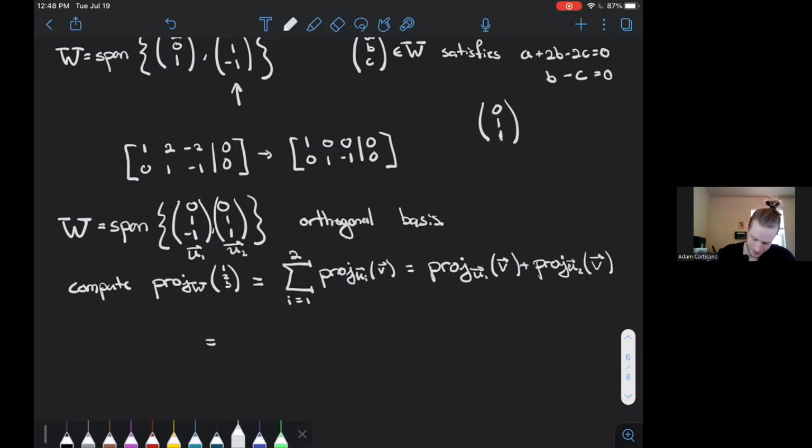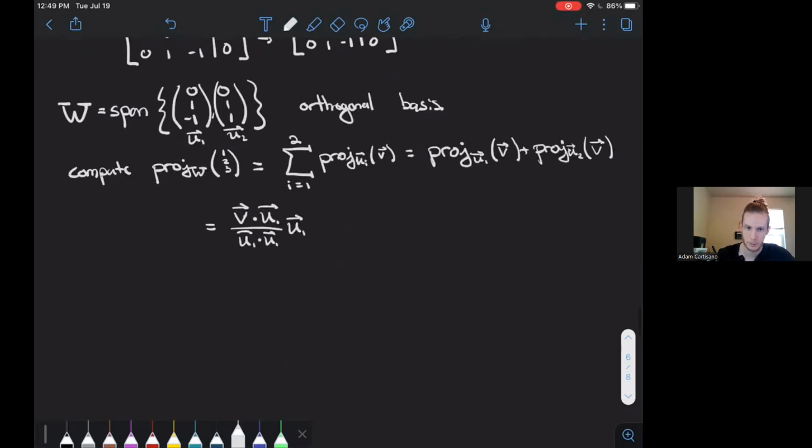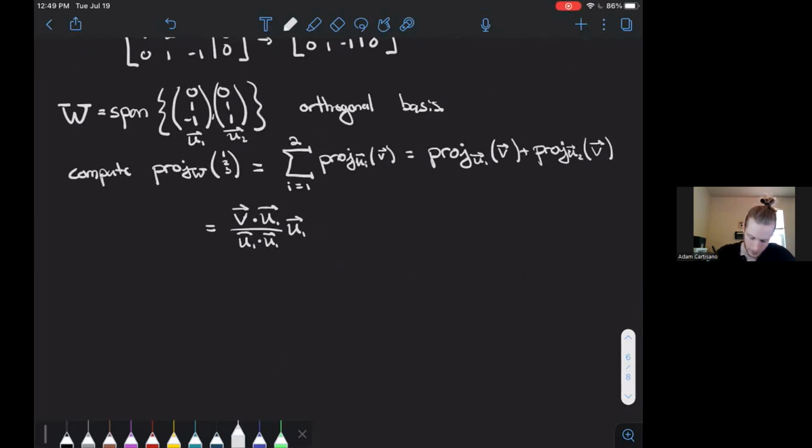It's V dot U1 over U1 dot U1 times U1. Notice it's the quotient of two numbers times a vector. Plus V dot U2 over U2 dot U2 times U2.